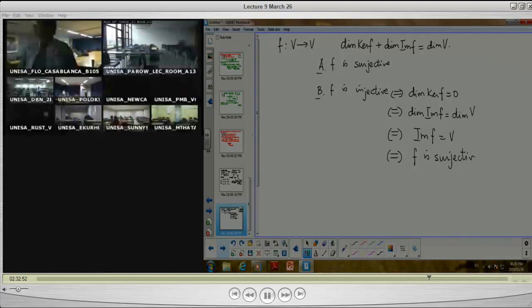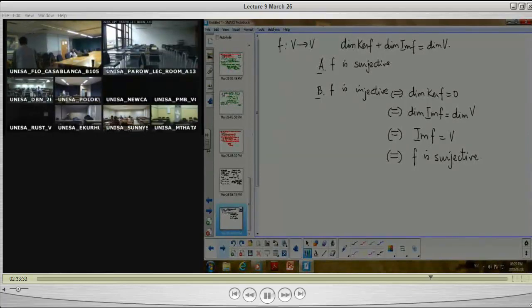This equation is very strong. If dimension is not finite, this equation doesn't hold. Everything fails. The example given tells us that it is not going to be true.